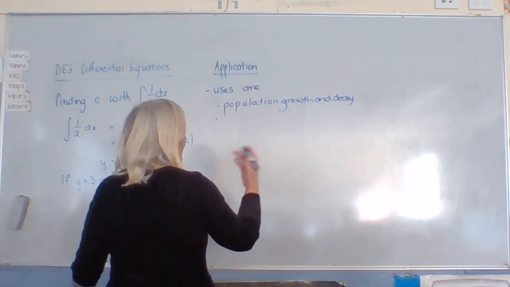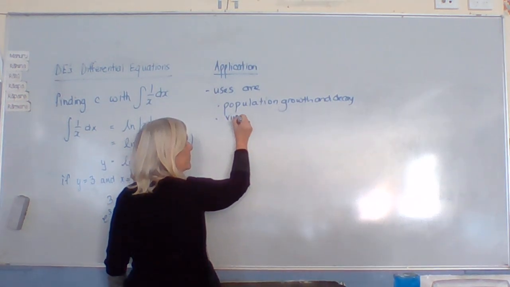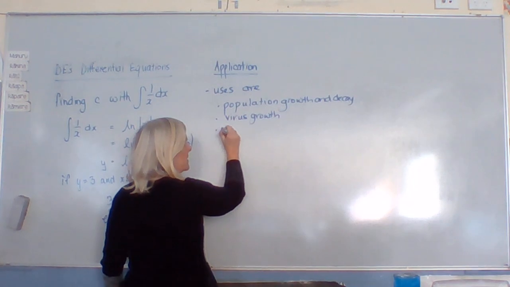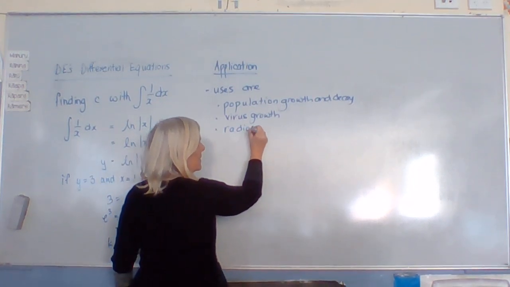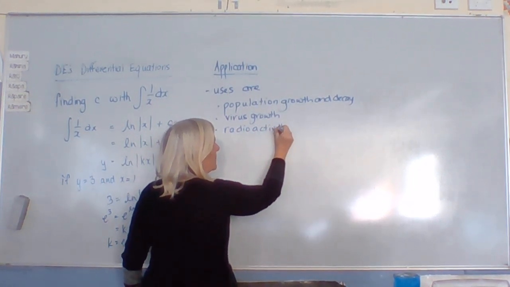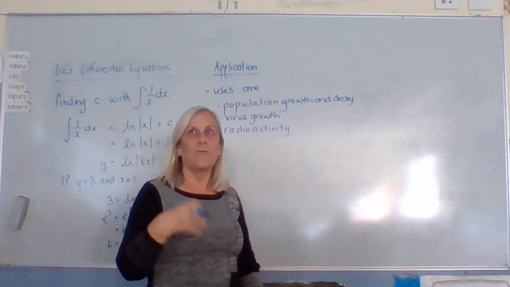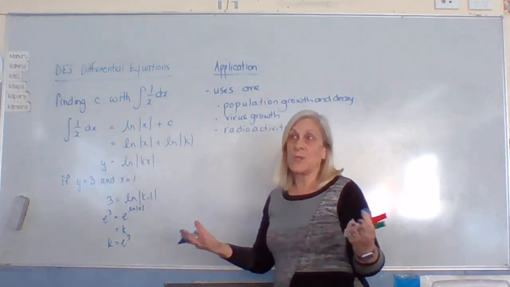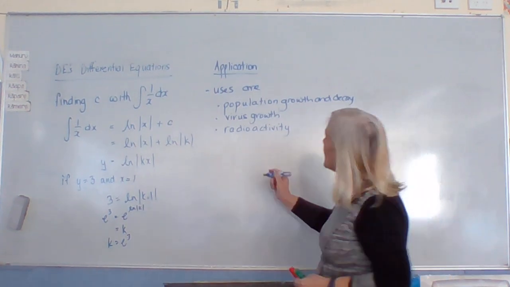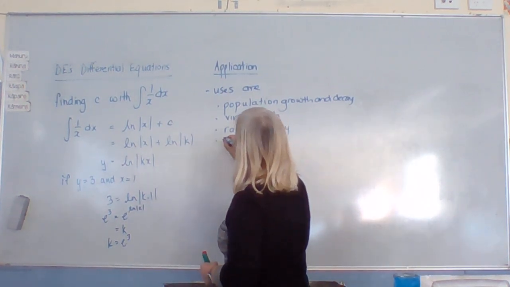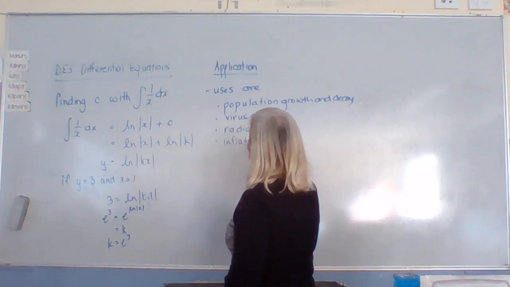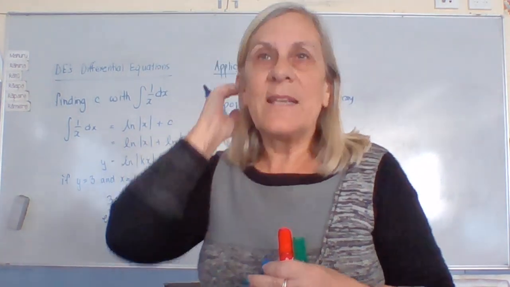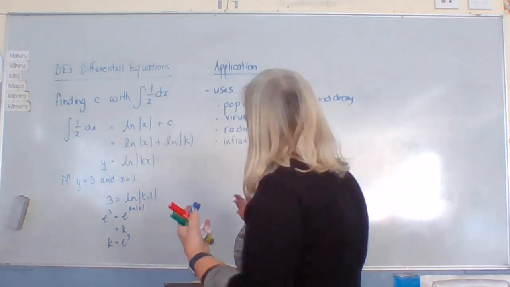So we can have viruses, we can have radioactivity. Obviously, in the times of nuclear and radio destruction, we want to know how long it takes for it to disperse. That is an exponential sort of thing. We can have it in that inflation or business type of setting. So whatever it particularly is, we get a differential equation that looks like this.